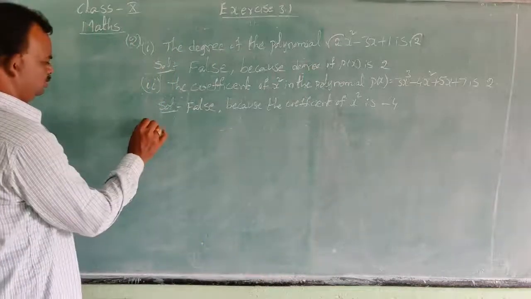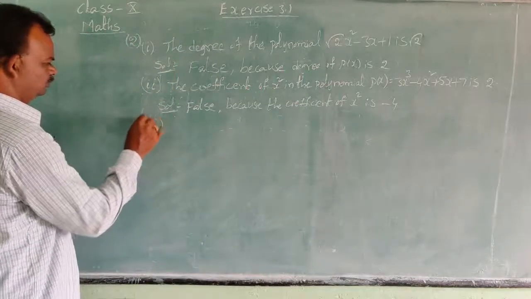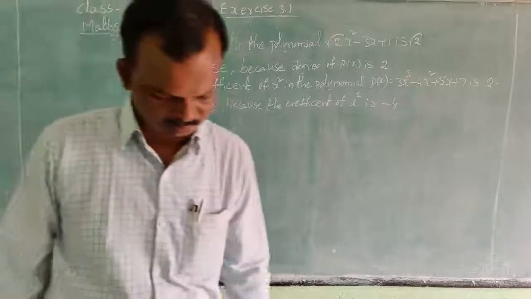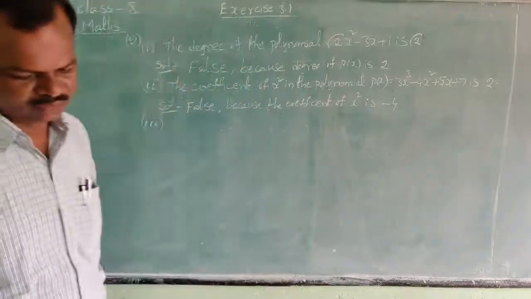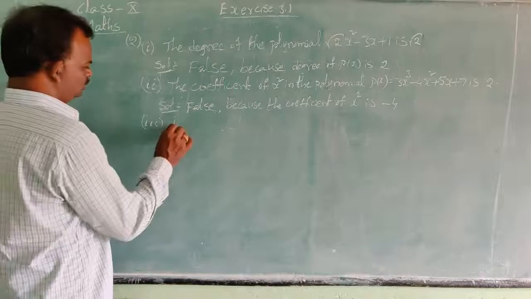Next, third. The degree of a constant term is 0.